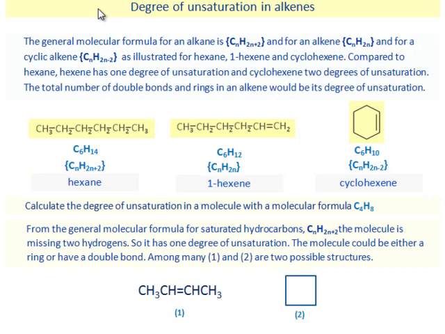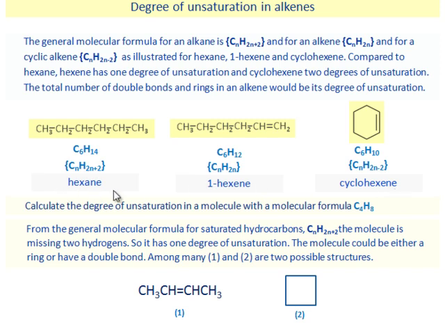Degree of unsaturation in alkenes. The general molecular formula for an alkane is CnH2n+2, for an alkene CnH2n, and for a cyclic alkene CnH2n-2, as illustrated for hexane, 1-hexene, and cyclohexene.